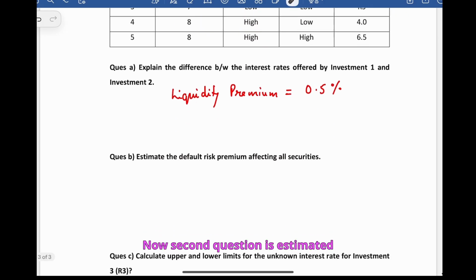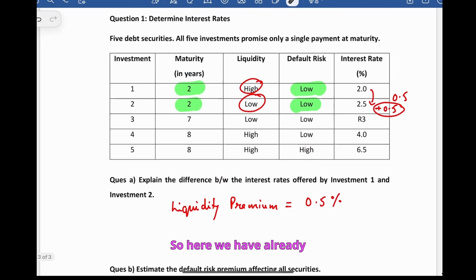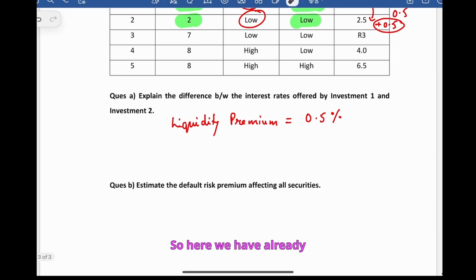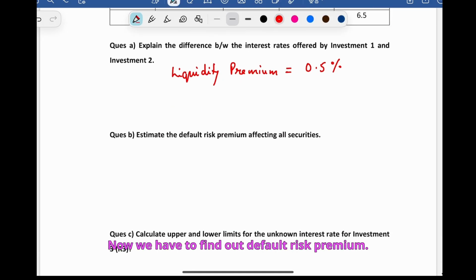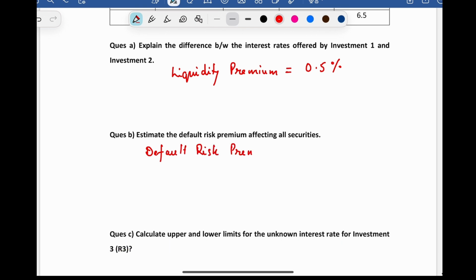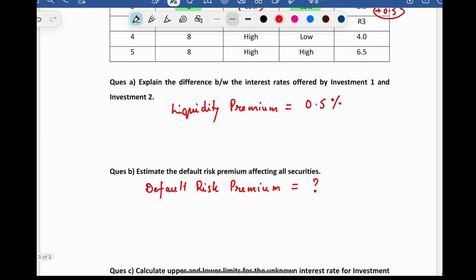Now, the second question is to estimate the default risk premium affecting all securities. Here we have already established what the liquidity premium is. Now we have to find out the default risk premium. So we'll have to see how much the default risk premium is.